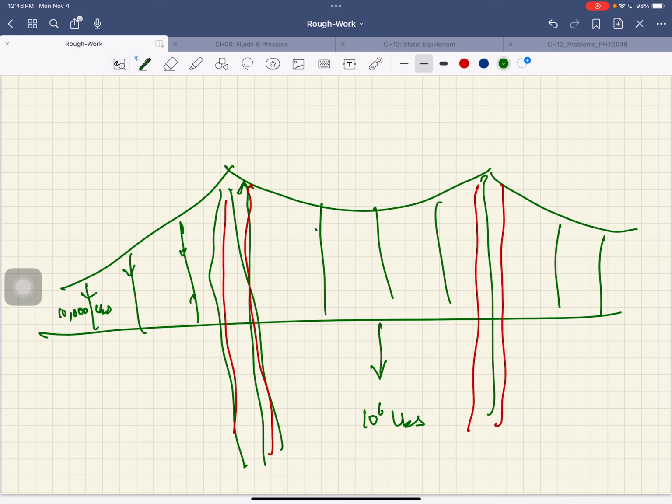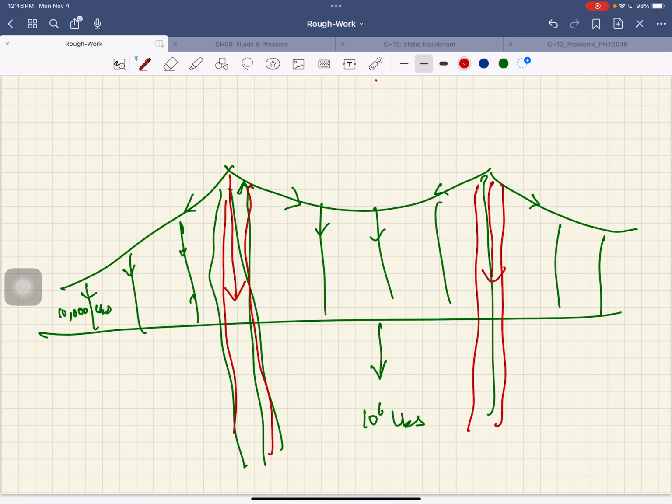What they end up doing is all these forces get translated into forces like that on this big cable. And that big cable pulls down on these pillars, and these pillars feel a force like that.